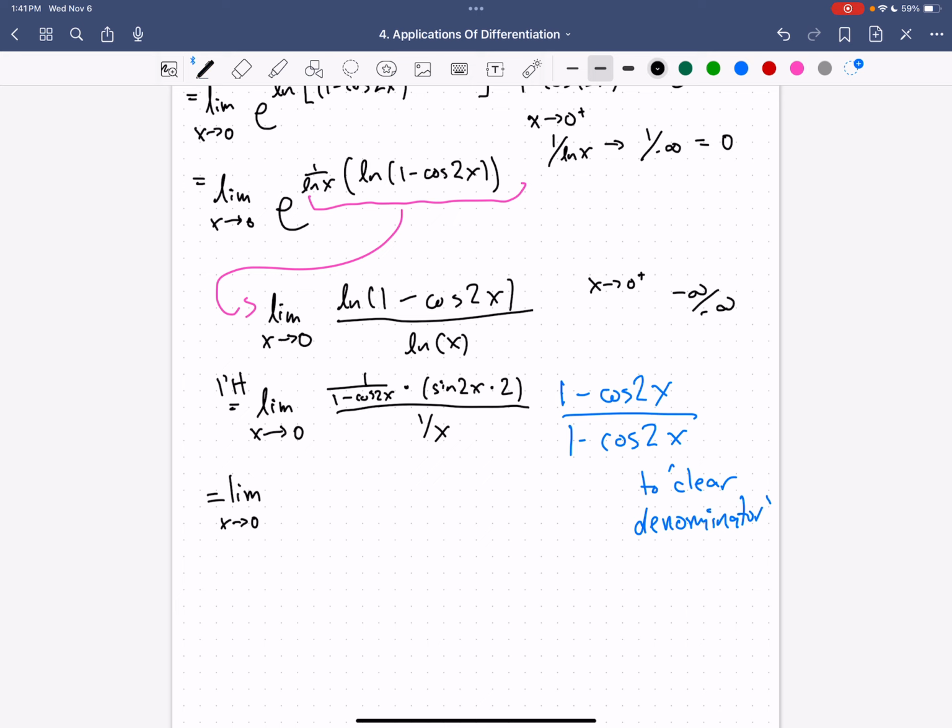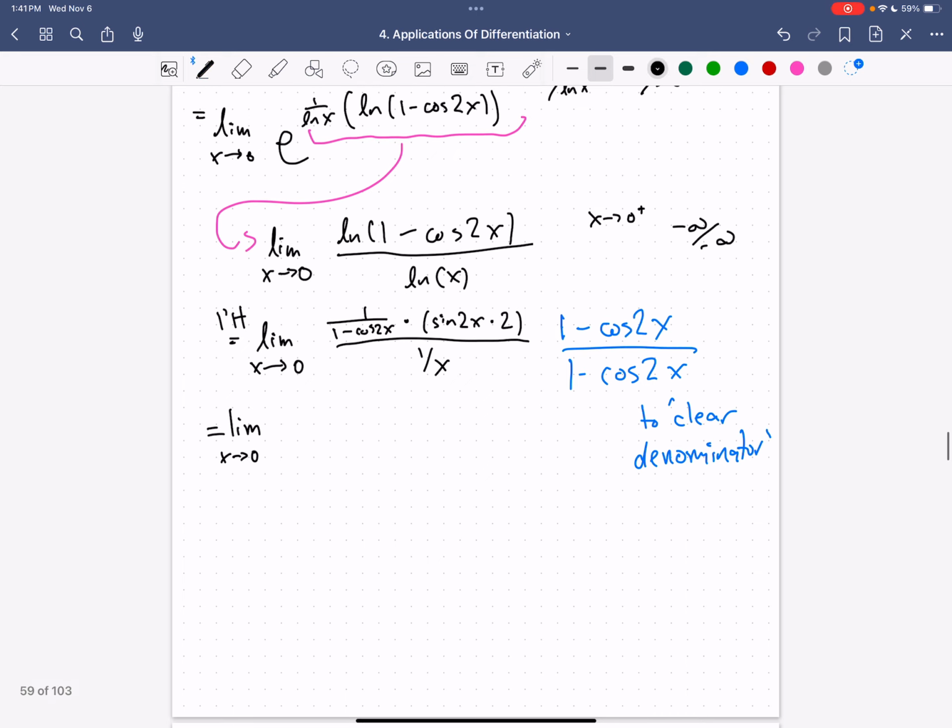Clearing denominators is usually a technique that works pretty well. If you train yourself to think, oh, that's so annoying that we have all of these fractions, that's good intuition. Let's also multiply by x, because we also have that 1 over x. So multiplying everything by 1 minus cos 2x and x, on the top we're left with 2x times sine 2x, and in the denominator, you've got 1 minus cos 2x. And that's it, actually.